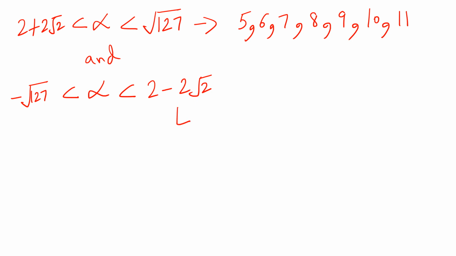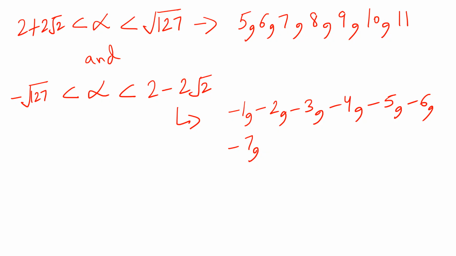And for the second interval, the permissible integral values of α are −1, −2, −3, −4, −5, −6, −7, −8, −9, −10 and −11. And we have to take the absolute sum of all of these values. That means first of all we have to take the modulus of all of these values and then add them.